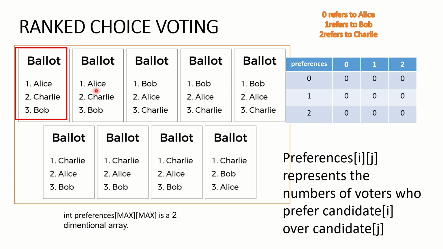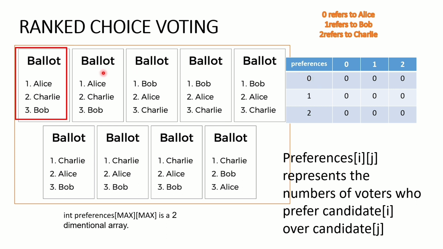Okay. So as we see, preferences is a two-dimensional array. So we have to make two for loops, and the first for loop starts with 0 and ends less than candidate_count, and the second for loop, integer j, starts from i plus 1 and j is less than candidate_count. So why does this happen actually?